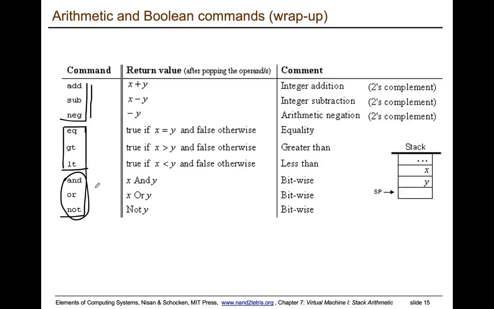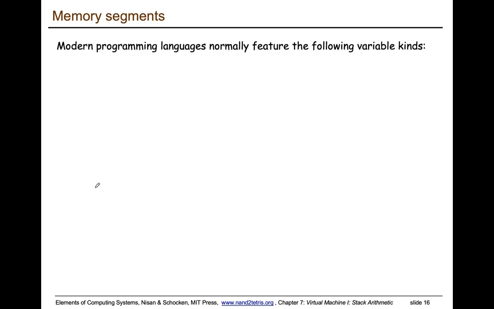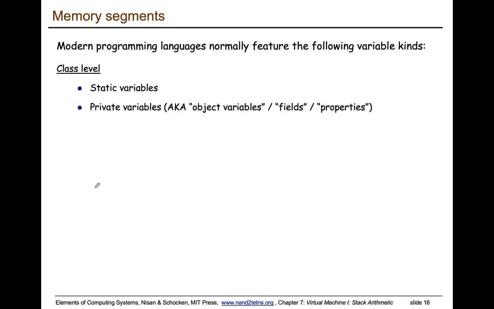The thing is that in our memory, when we deal with the high-level language, we have 4 parts to think about. The first part is the class level variables, like static variables. You have the private variables, for example, your fields. In Java, we call them fields.